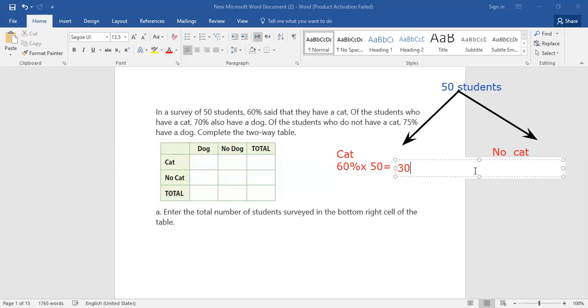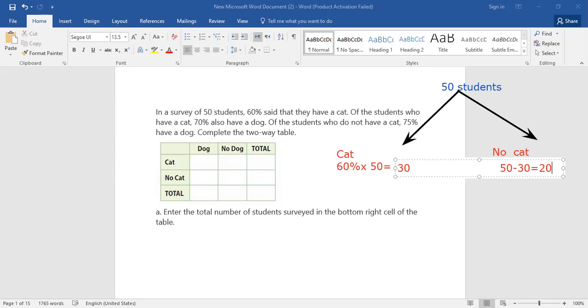So I will go to the opposite side, and this will guide us to know how many students don't have a cat. 20, right? He said 60% have a cat, so we make 50 minus 30. So we have 20 students who don't have a cat, right?